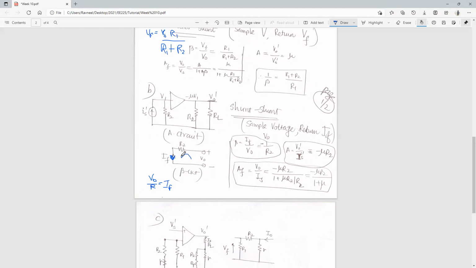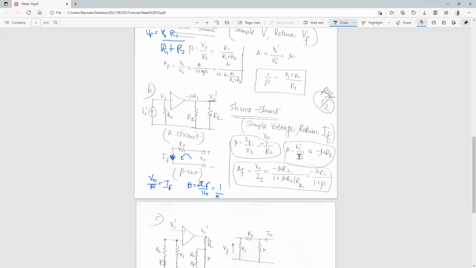So your IF is basically equal to V naught upon R. Since we know that beta is equivalent to output upon input, and the output of this circuit is going to be IF, beta is IF upon V naught. That would equate to just 1 upon R.